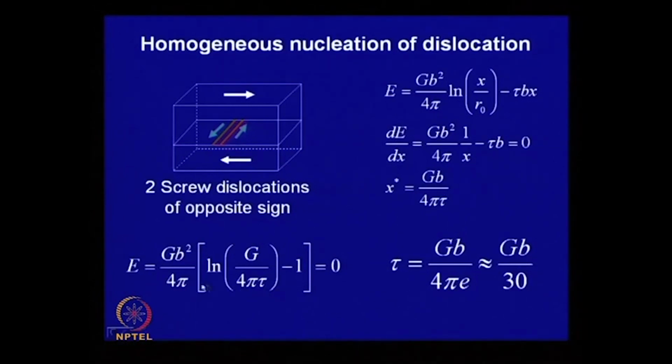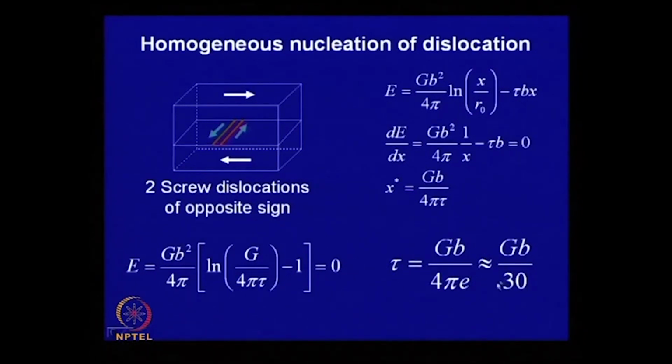And now, for spontaneous generation of dislocation, for this process to be spontaneous, this energy should be very low or approach or become 0. If you put this condition, then this is ln g, or you can say g over 4 pi tau will be equal to E, and therefore tau is given by this.